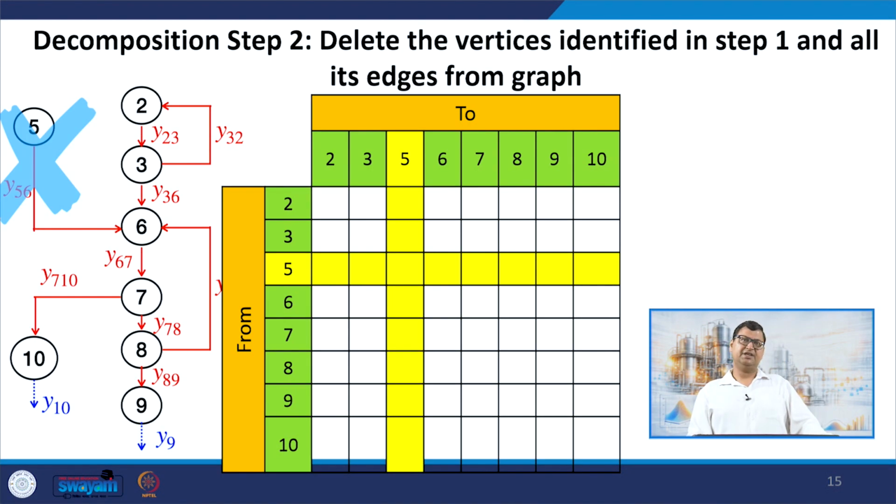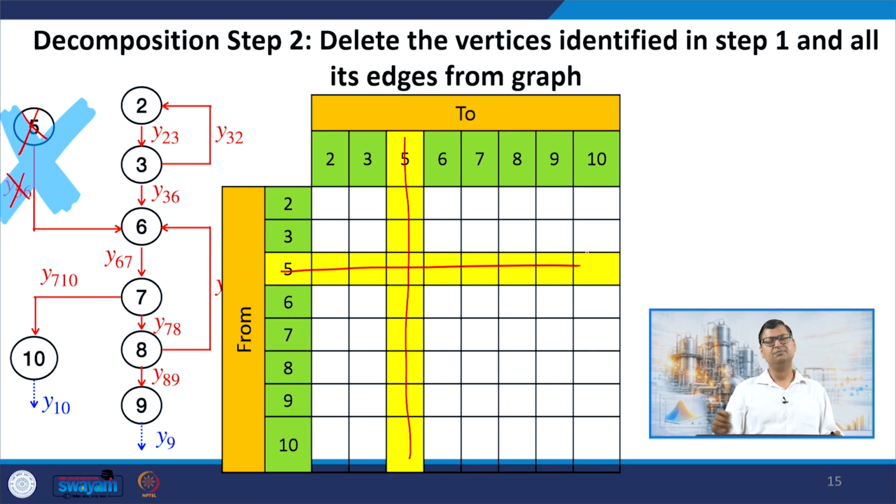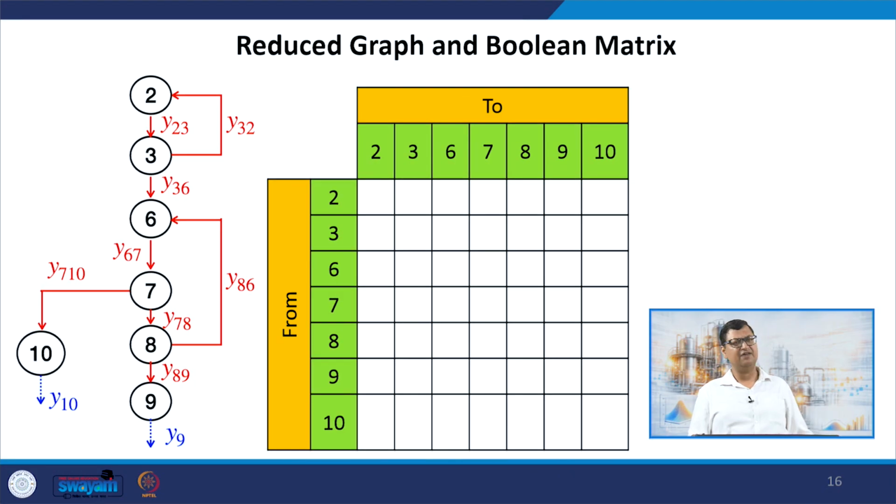And again I do the same thing: I delete the vertex and the edges corresponding to that vertex. So I delete 5 and I delete edge 5 6 from the graph, and I also delete the row and column corresponding to vertex 5. Now I have a reduced graph containing only 2, 3, 6, 7, 8, 9, 10.